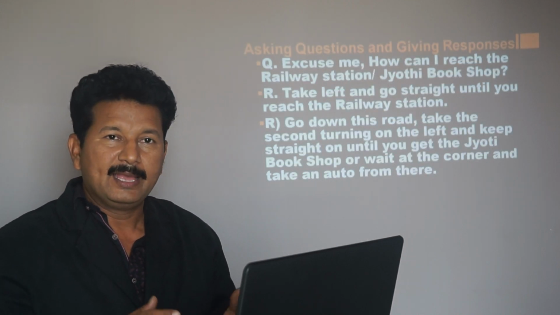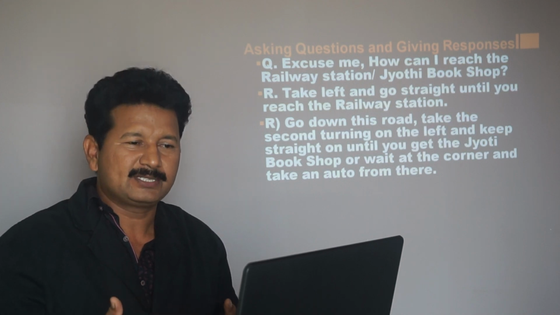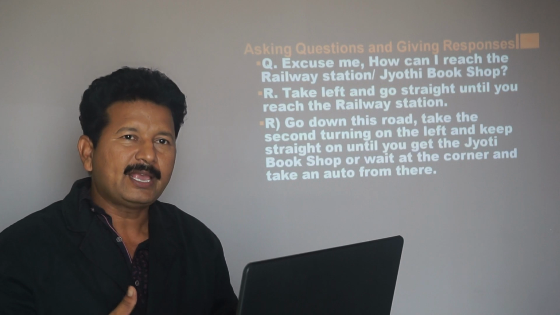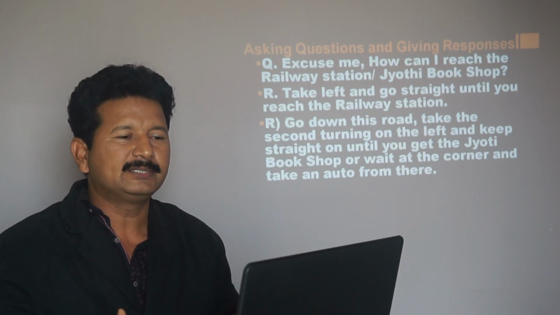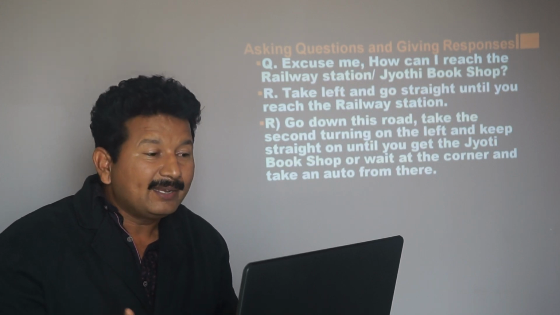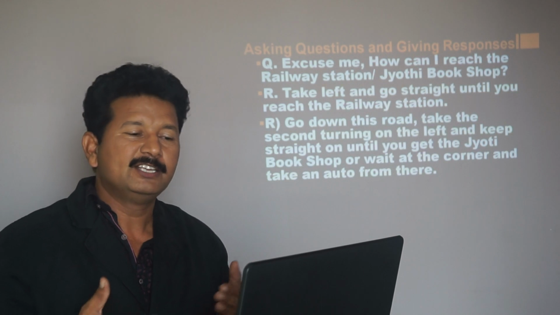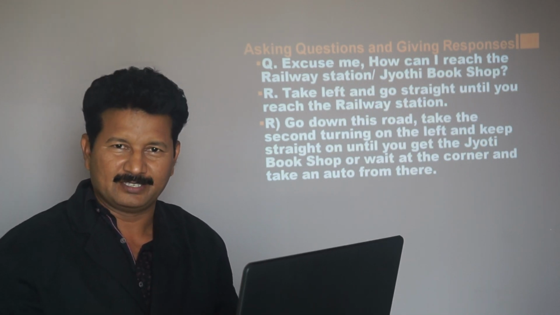Now, in the same way, if you want to ask questions to get directions, we can give directions by using imperatives, right? You can say, excuse me, how can I reach the railway station or Jyoti bookshop? And the first one is take left and go straight until you reach the railway station.